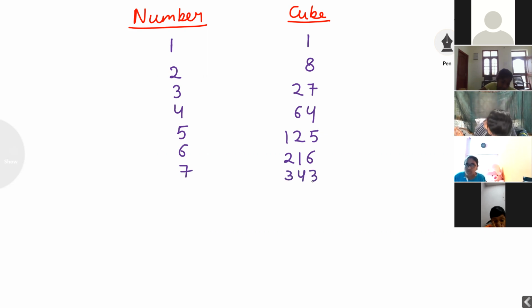Next, cube of 8. 8 8s are 64, 64 8s are 512. Cube of 9. 9 9s are 81, 81 9s are 729. Last is 10. 10 cube means 1000.